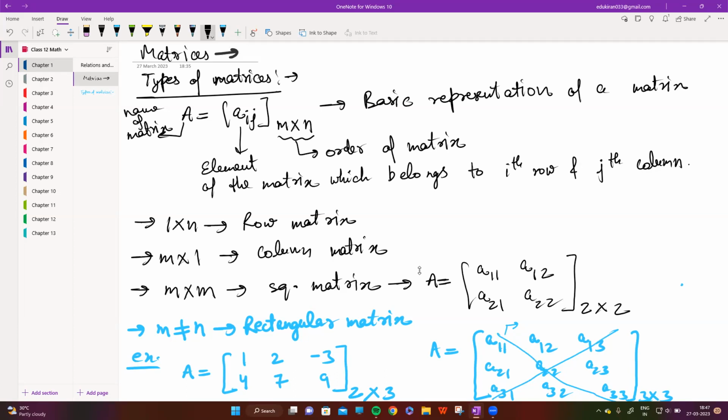Because this particular diagonal involves all the elements which have the same row and same column. See, 1,1, 2,2, 3,3. So this diagonal is known as the principal diagonal. And this diagonal is known as the secondary diagonal.